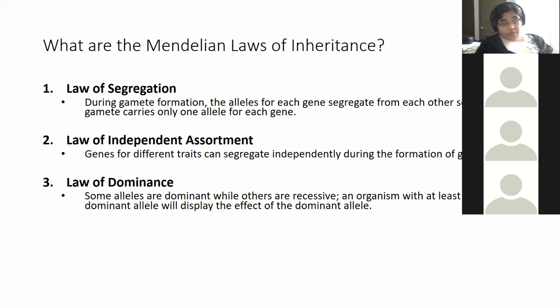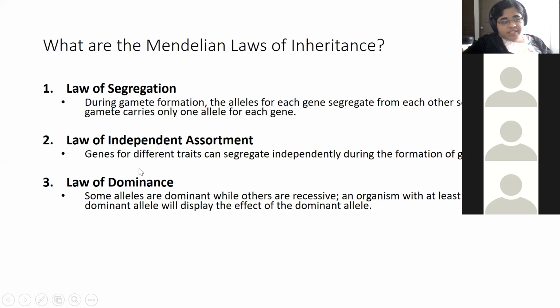The law of independent assortment, on the other hand, is genes of different traits, or different genes' alleles. Does that make sense? And obviously we know that these alleles come in pairs because we have homologous chromosomes, one from each parent.